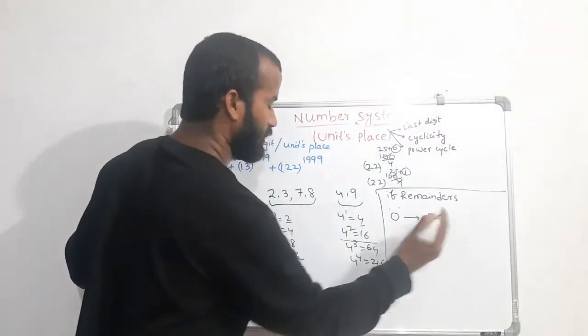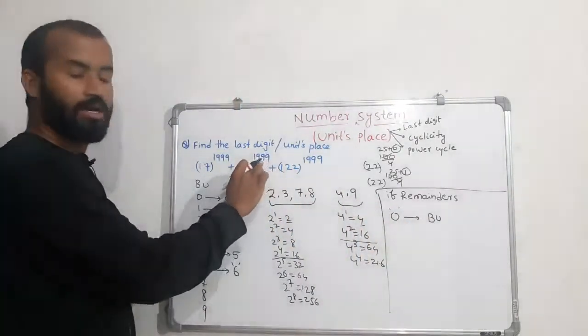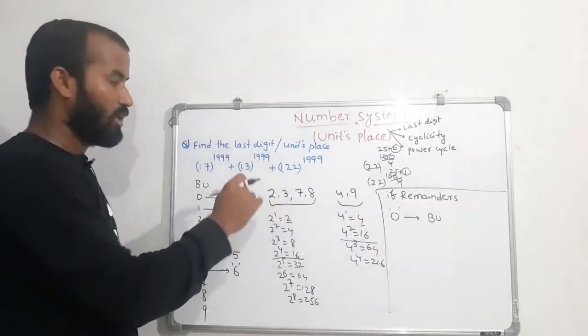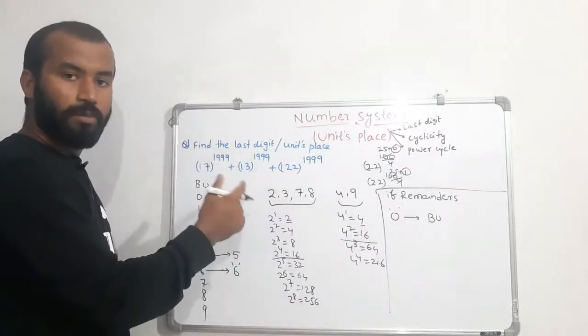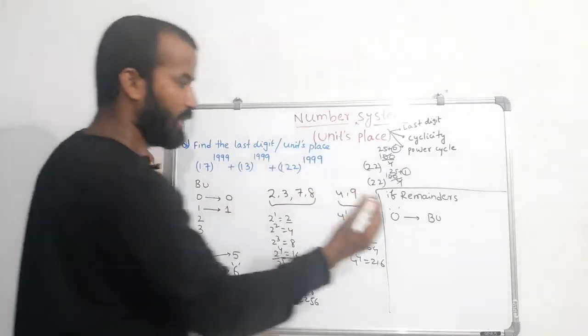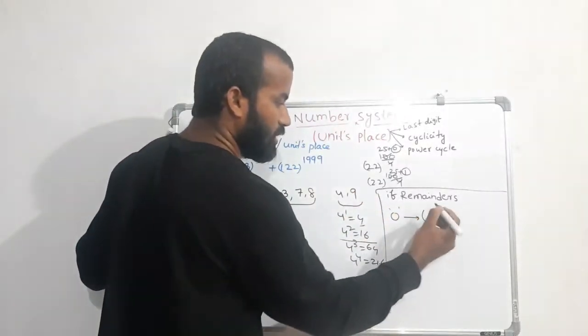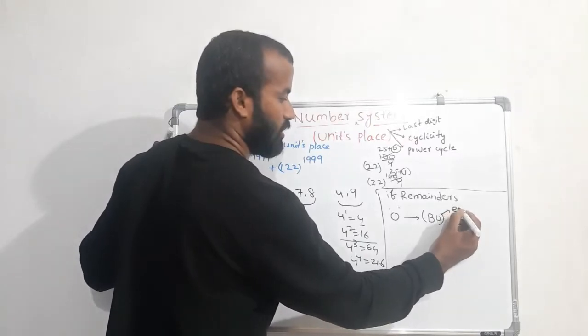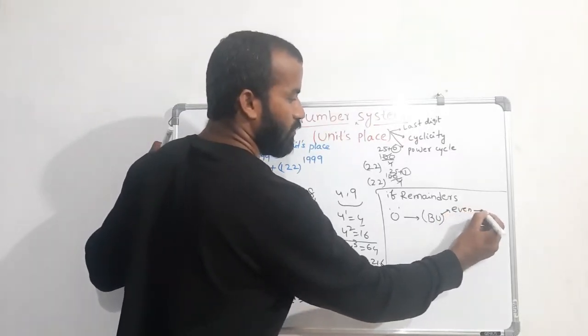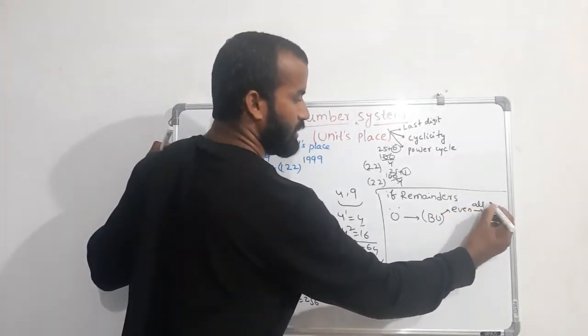The power will be there, right? You divide it by 4. If it gives remainder 0, you go for the base unit, and you have to check whether the base unit is even or odd. If the base unit is even, the answer will be 6.